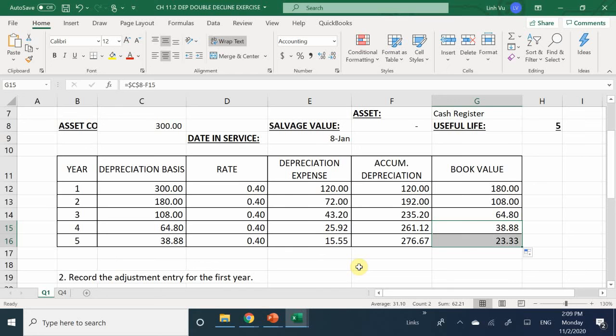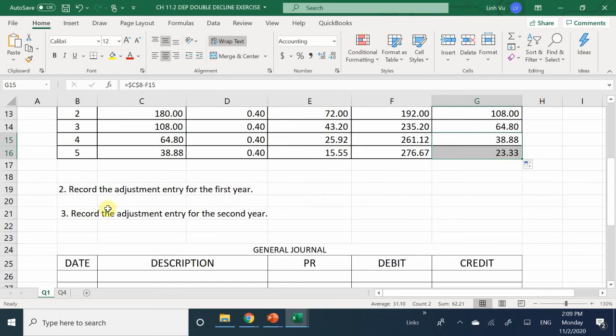In most cases, a lot of places would just scrap it and buy a new one. It's already 5 years old and it's a printer or a cash register. There'll probably be a lot of buttons missing or things that it can't work for. So let's go ahead and solve question number 2 and question number 3.